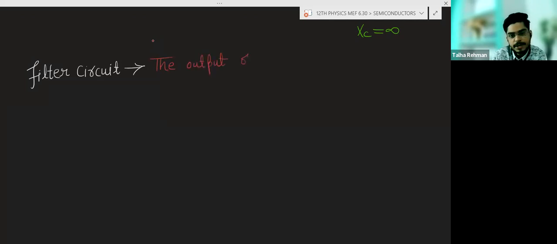The output obtained from the rectifier is unidirectional but pulsating.